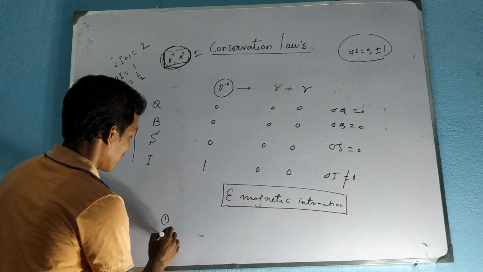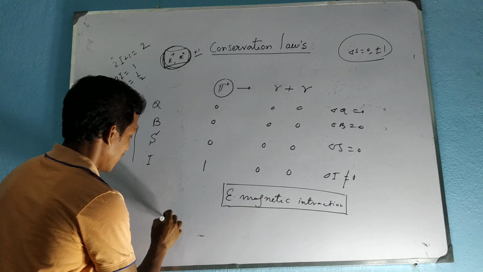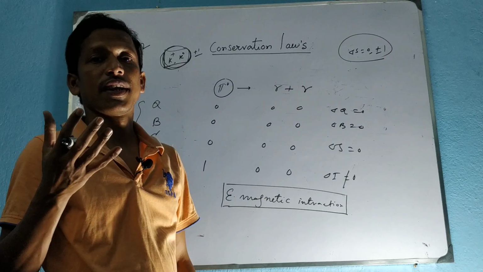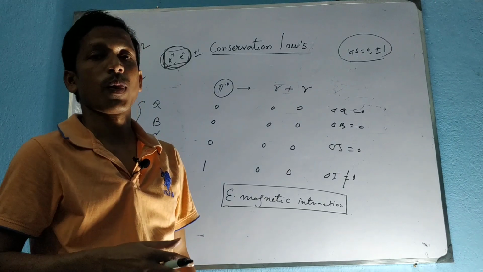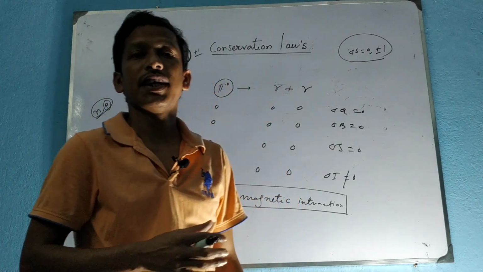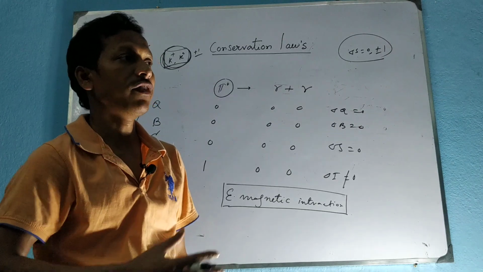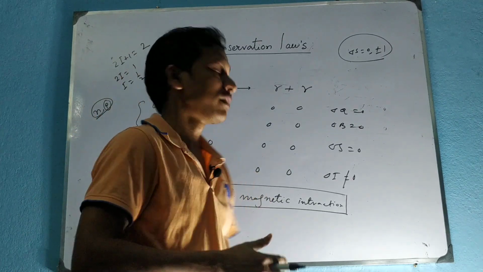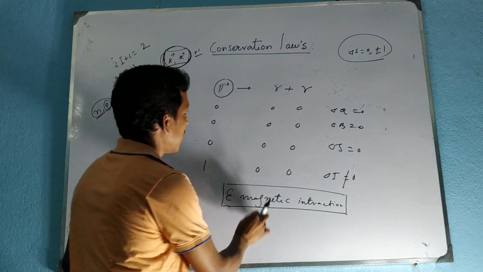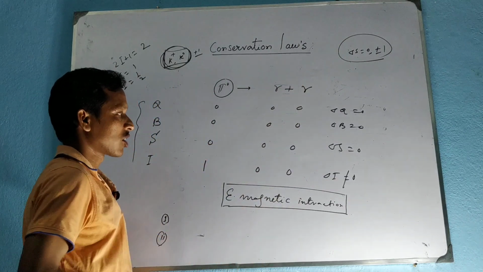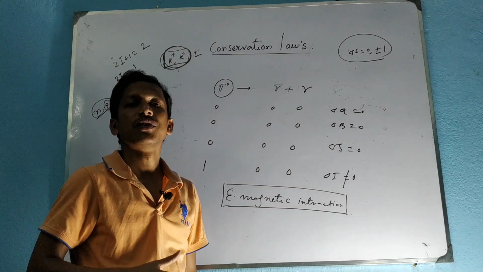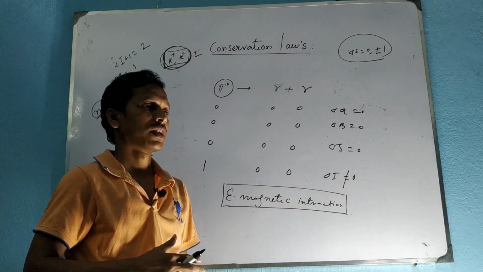And second one, in an allowed reaction obviously, the presence of a neutrino particle is the example of weak interaction, because the neutrino particle is developed only in beta decay, and beta decay we experimentally verify is the weak interaction. So these are the two very important points. For any allowed reaction, having a photon means electromagnetic interaction, and in any allowed reaction the presence of a neutrino means weak interaction.